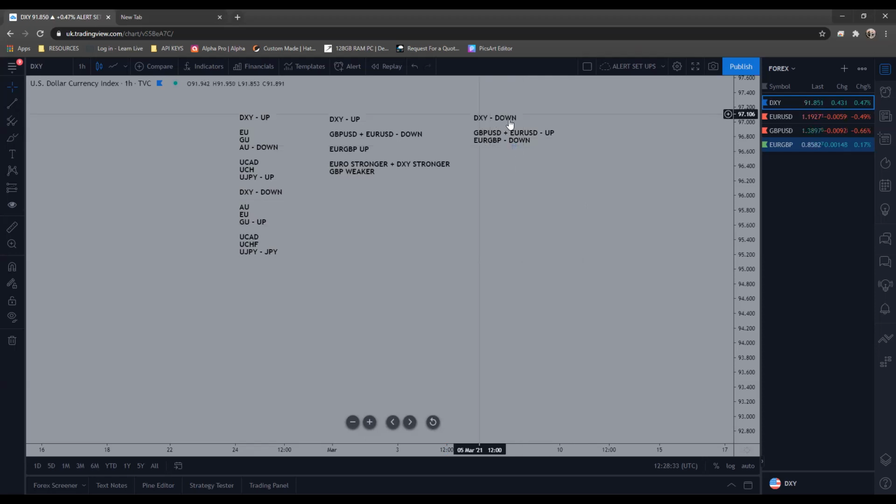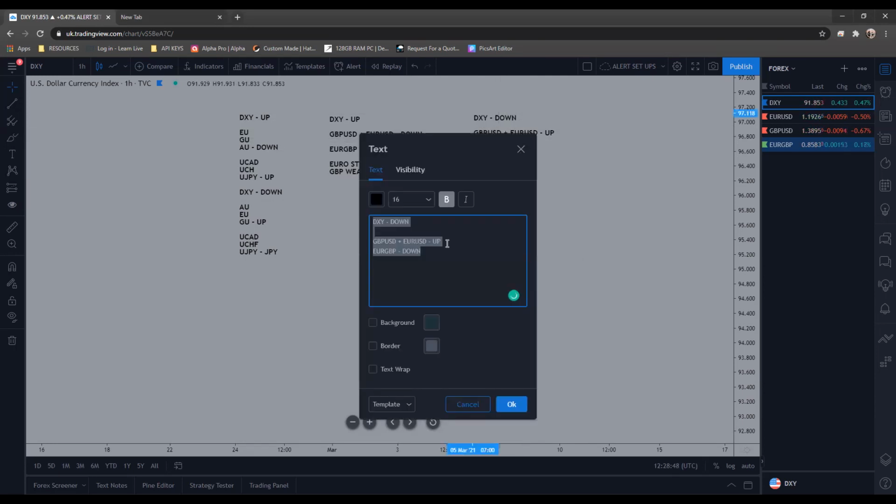So you've got Dixie going down, Euro GBP going down. Euro and Dixie are both weakening at the same time. So which pair out of Euro and GBP is strong? GBP strong, USD's weak. So what's the better long? GU, perfect. There you go. GBP USD is a better long.